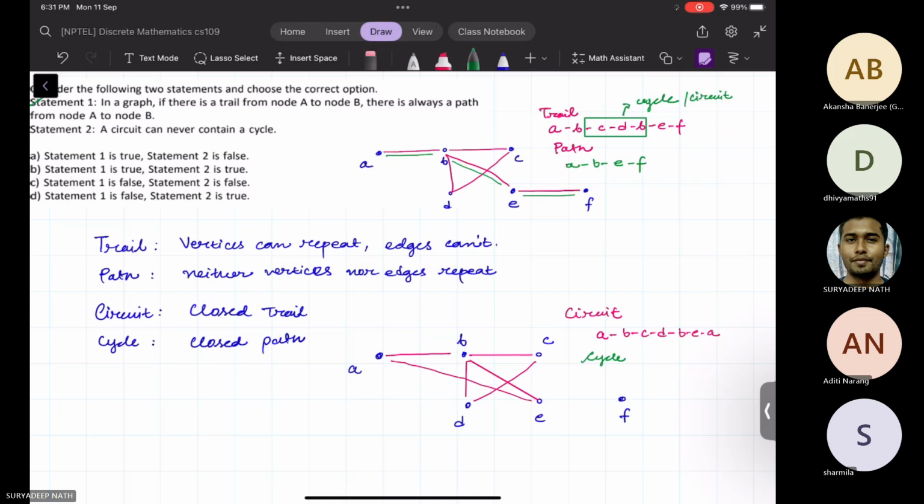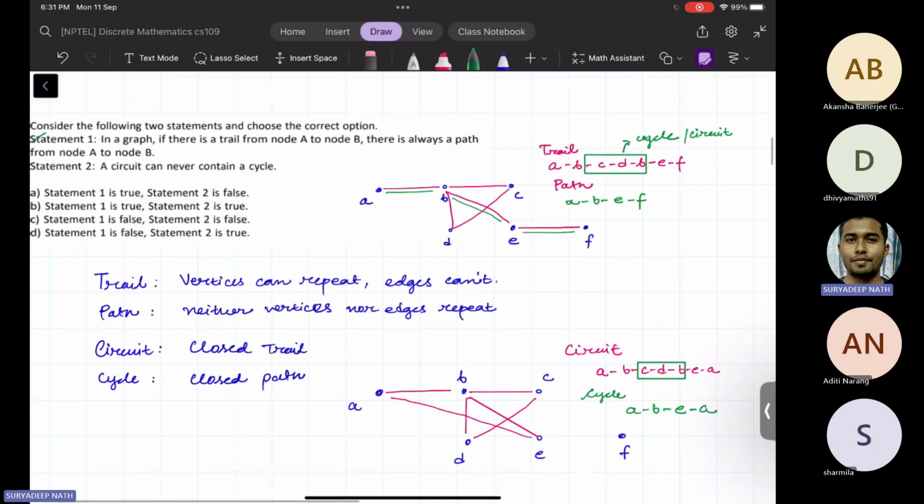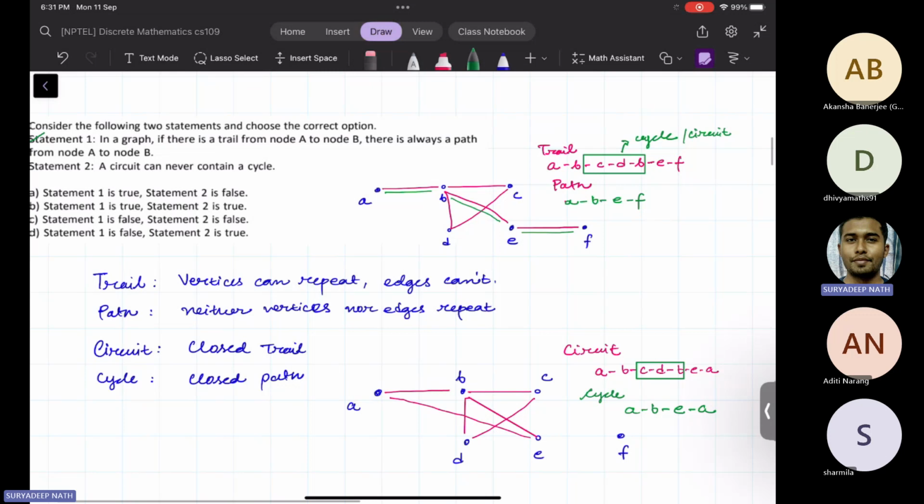Right, A, B, E, and A. Since cycle means the starting and the ending node should be the same, this is a cycle present in the circuit. Again, B, C, D, B is also another cycle. So cycles can be present in circuits. So this statement, a circuit can never contain a cycle, is wrong.